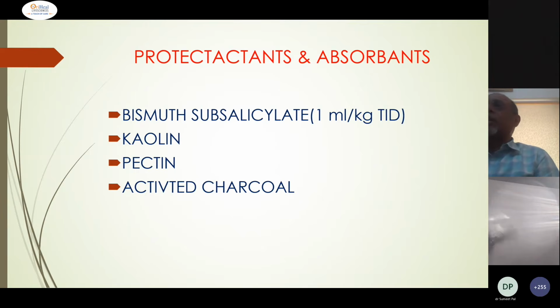The dose is around 1 ml per kg body weight TID, and you should know that this one is salicylate. It is not eliminated in cats to a very large extent, so you should be very careful, and it should not be given for more than 5 days in dogs, and to a lesser extent in cats.